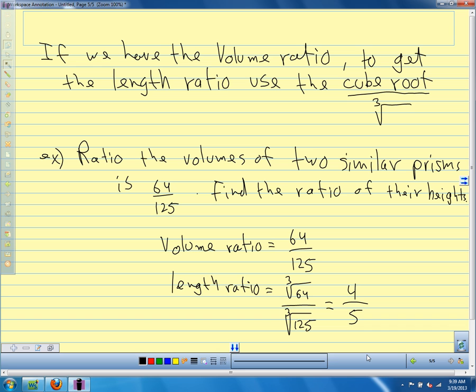And we plug that into our calculators to find it if you don't remember those cube roots. So our height ratio is going to be 4 to 5. The ratio of the side lengths would be 4 to 5. The ratio of the perimeter of the bases would be 4 to 5. Any length ratio is going to be 4 to 5 between those two similar prisms. And we found that by taking the cube root of the volume ratio. Any questions on that?